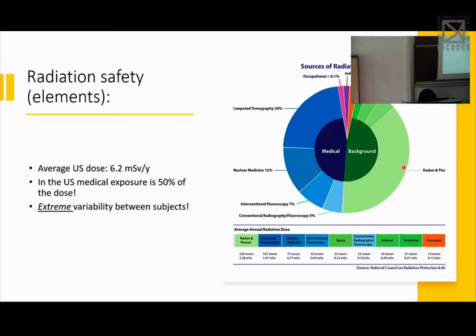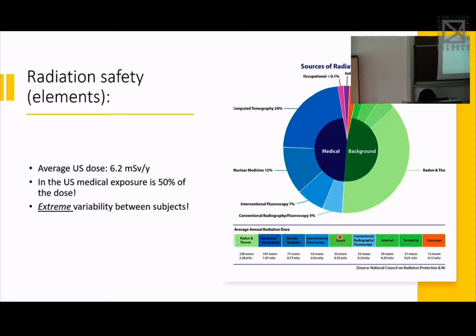Then there are internal sources. It's the radiation that we have within our body, mostly potassium, and you cannot live without potassium, so don't skip that. Then there is the space radiation. This is all the cosmic rays, another 1/3 of a millisievert.